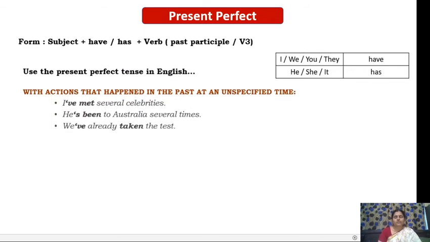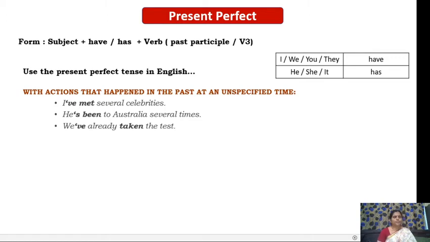So when we use this present perfect tense, or which actions fall into present perfect tense, with actions that happened in the past at an unspecified time. When you are not referring to any time there, when there is no time reference of the action, then usually we put such sentences in present perfect tense.